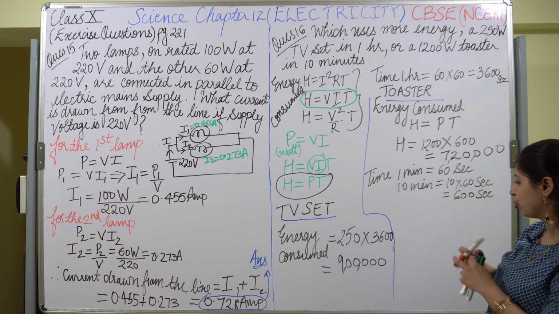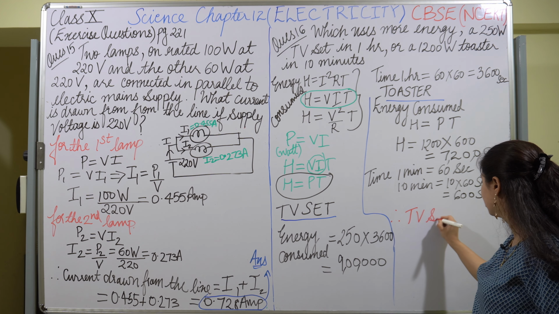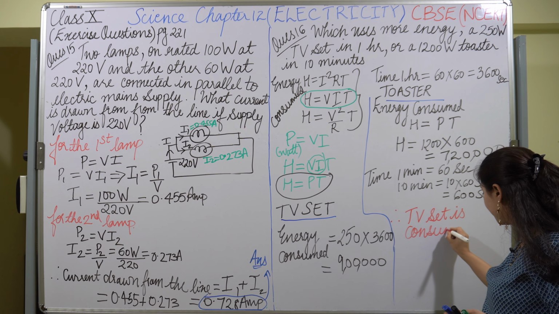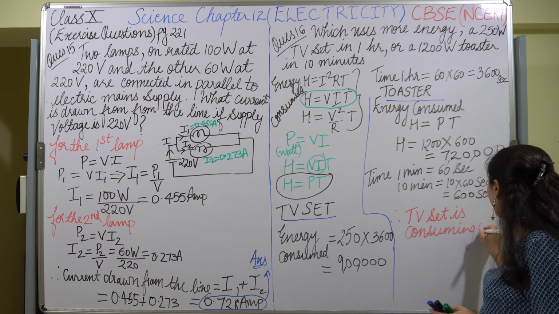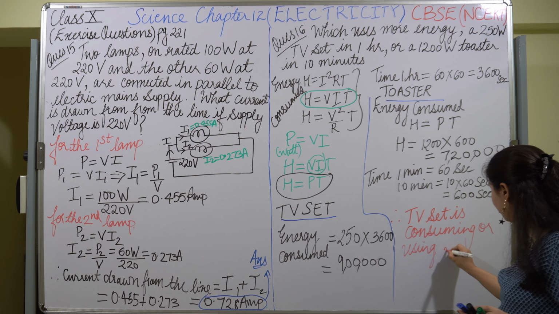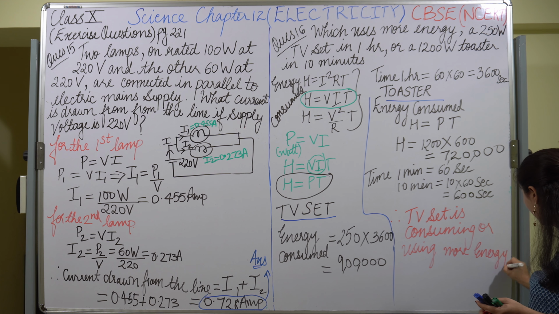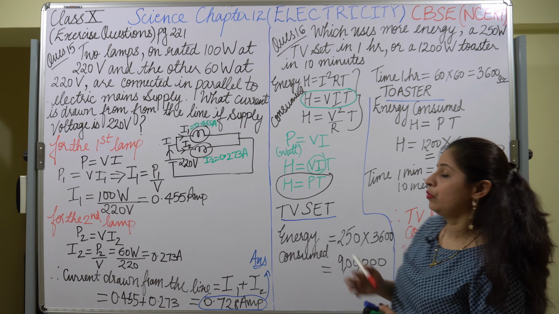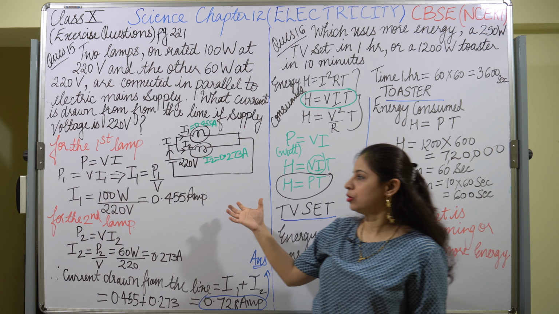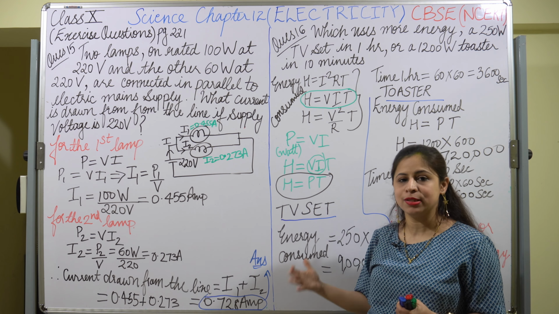Okay, so according to the question, we have to write, therefore, the TV set is consuming or using more energy. Okay, so in this manner we need to find the values for the energy, and for the lamp questions we need to do such questions in this manner.